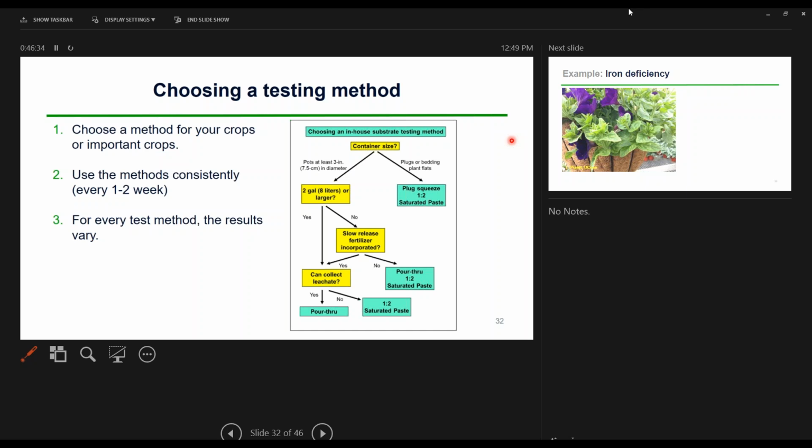If you have any of those floriculture books, or if you look at the references from seed companies, they always tell you what type of method they're comparing it to, and they give you a reference of how that compares to other numbers. For example, pour through EC tends to be slightly lower than saturated paste, so you need to make sure that you know that, to make sure that you're comparing it to the right reference.